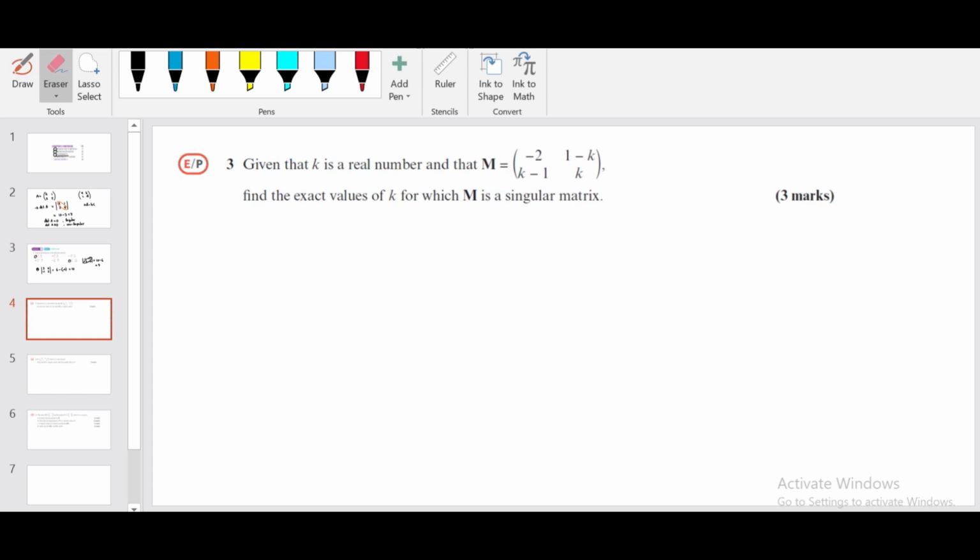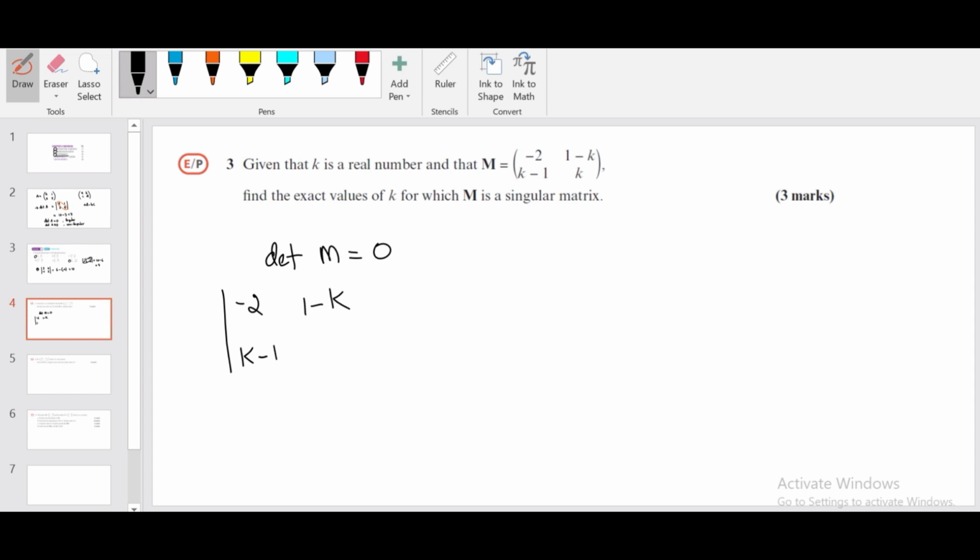One more question. Given that K is a real number and that matrix M is equal to this, find the exact values of K for which matrix M is a singular matrix. If it's a singular matrix, the determinant value of M is equal to 0. Right? So you can write modulus minus 2, 1 minus K, K minus 1, K is equal to 0.